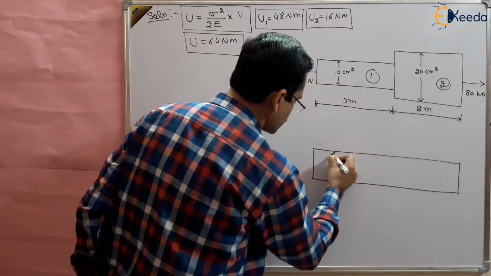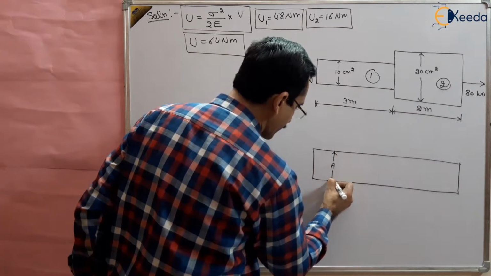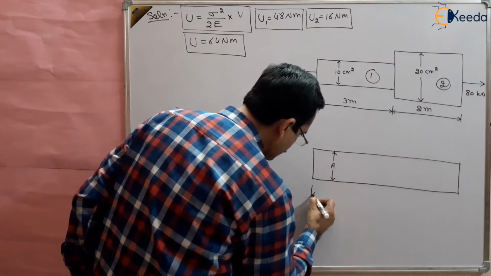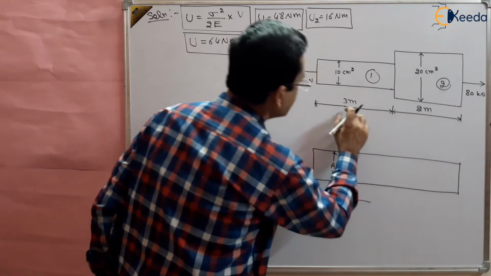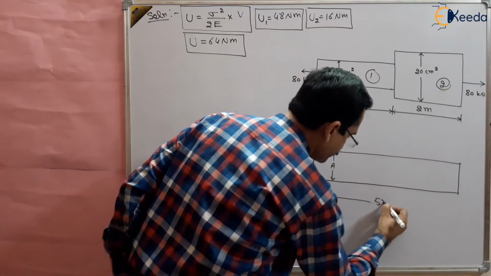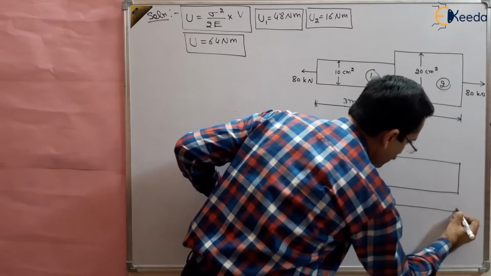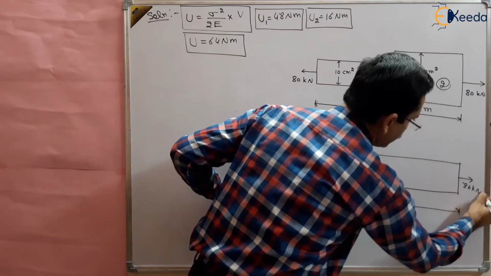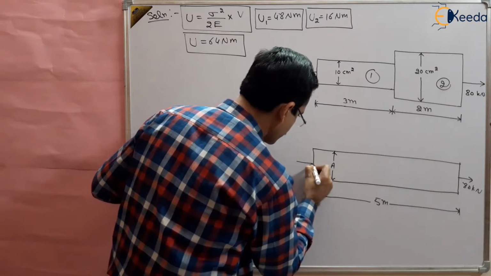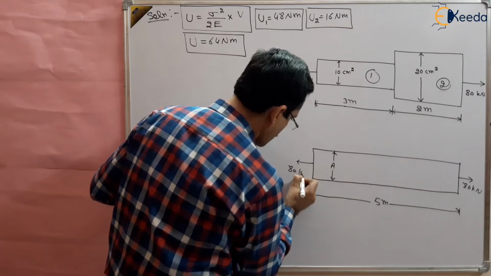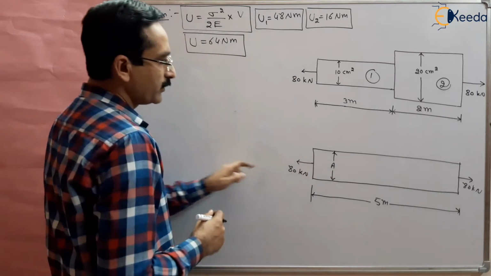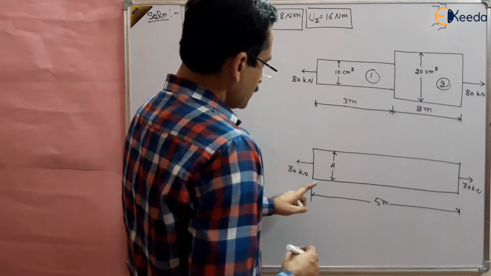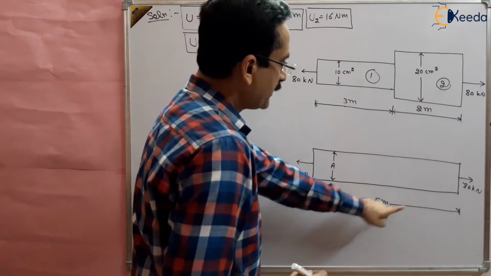Suppose the area of cross-section of this bar is A, which we have to find out, and the length is the same, that is 3 plus 2, 5 meters. Also the load applied is the same, that is 80 kilonewton load is applied.